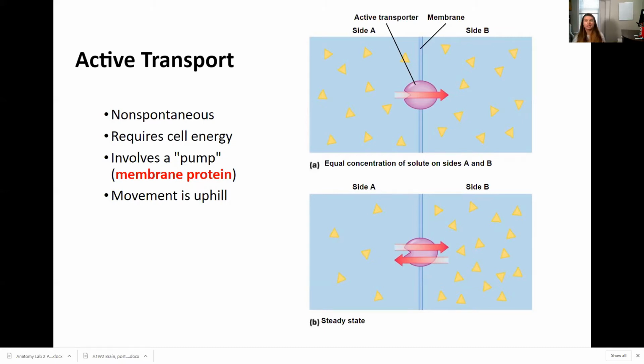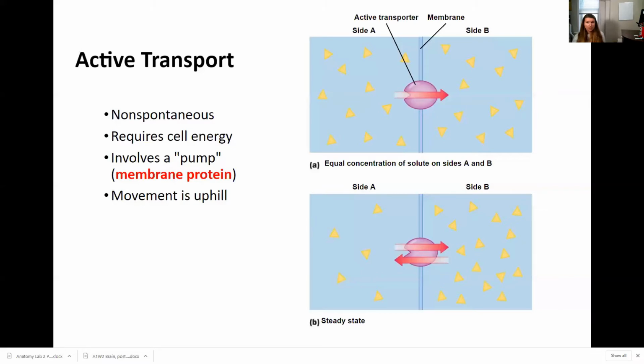They automatically try to reach equilibrium just through their random natural movement. So if we want to highly concentrate some area with a molecule, or if we want to completely empty some area of that molecule, we're going to need to put in energy. We're going to need to do work. Okay. So active transport is not spontaneous and is going to require cellular energy.